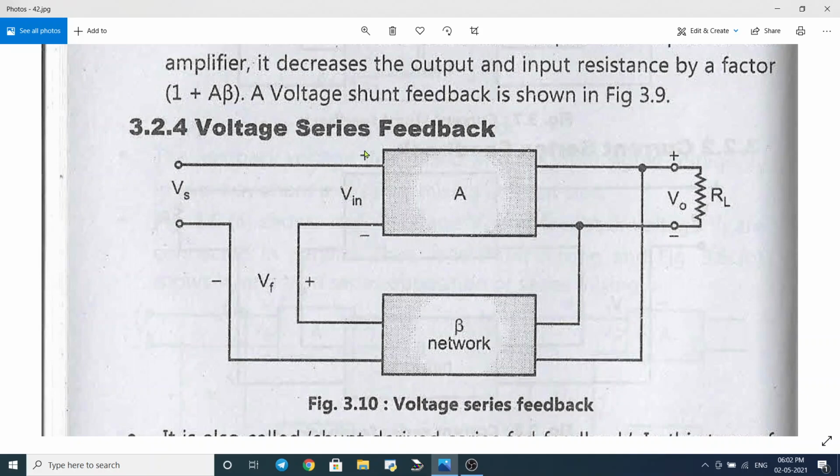Voltage series feedback is shunt derived series feedback. That means it will decrease the output impedance and it will increase the input impedance. Why? In series it is R1 plus R2, and in parallel we have R1 R2 upon R1 plus R2. There is a decrease.